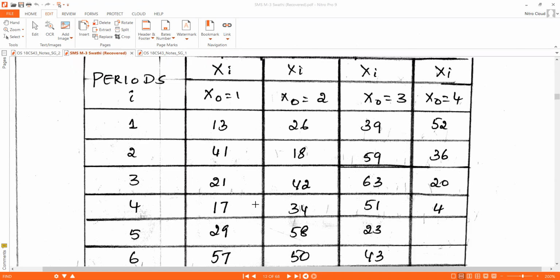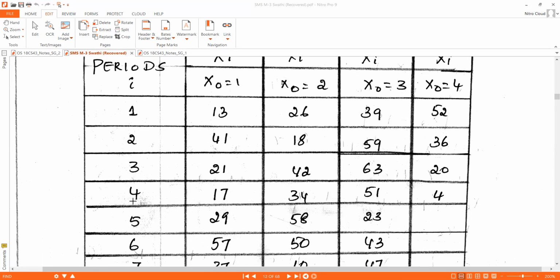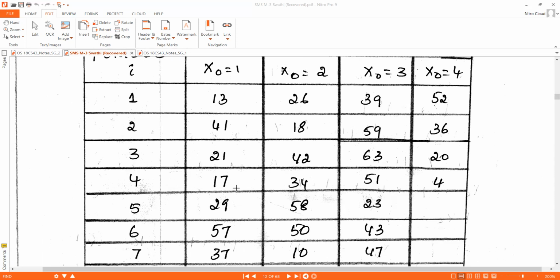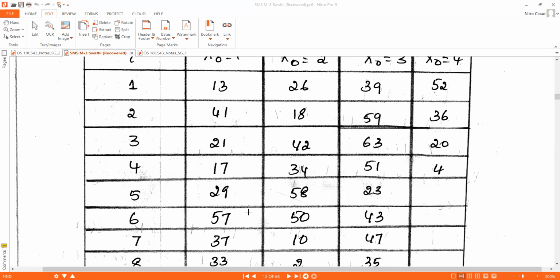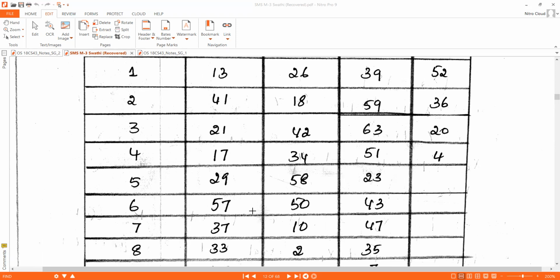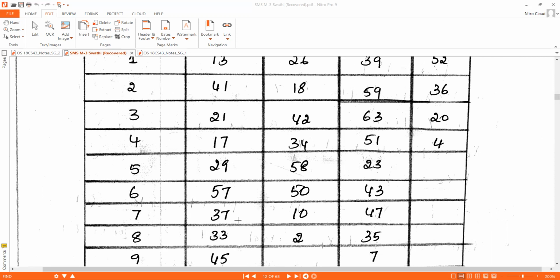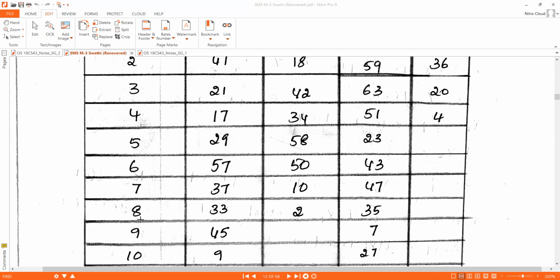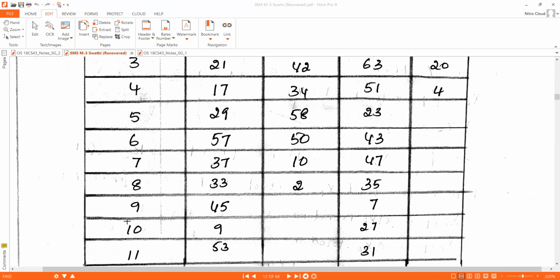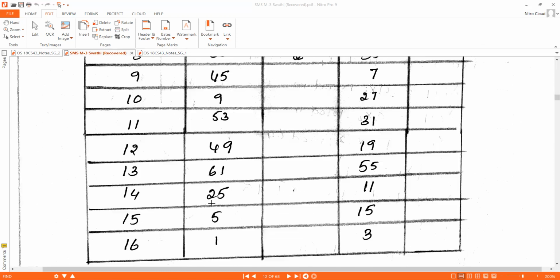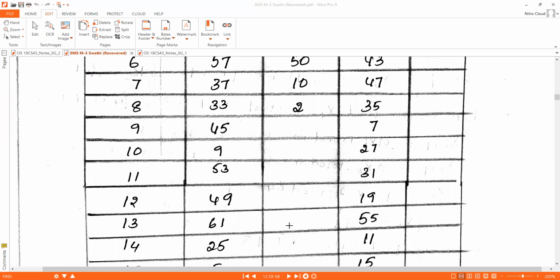When x0 is equal to 1, period 1 we got xi value 13, period 2 we got 41, period 3 we got 21, period 4 we got 17, period 5 we got 29, period 6 we got 57, period 7 we got 37, period 8 we got 33. Like that all 16 periods we will write here.